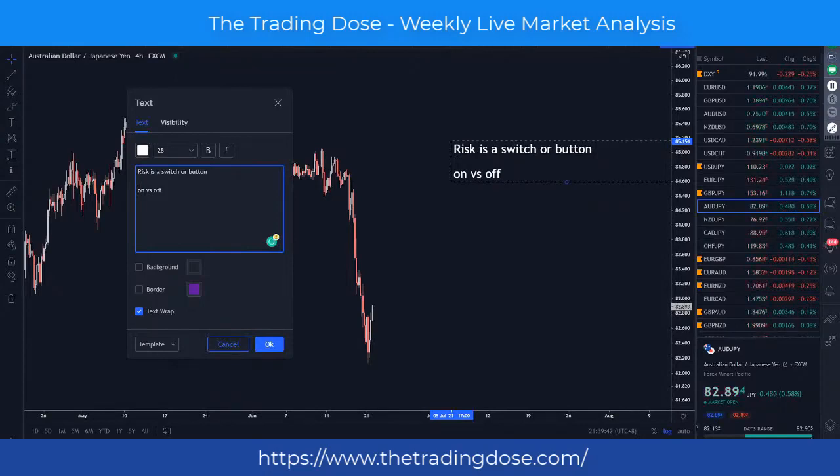So imagine if today you decide to switch this button on, which is risk, it becomes risk on. What it then means is that you are willing to take risks for a better return, for a higher return. And of course, the opposite here is if today it's risk off, you're simply the opposite, not willing.